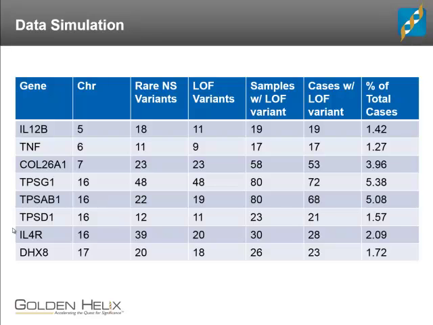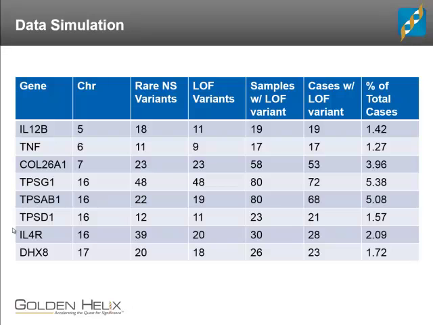19 total samples have one of those loss of function variants. We made all 19 of them cases, but that represents less than 1.5% of all cases. So this is a situation where we have a highly penetrant disease gene, but it explains a very small proportion of the disease in our model.